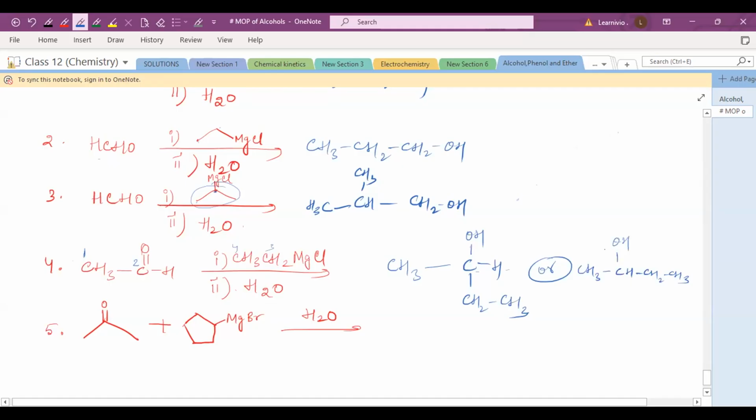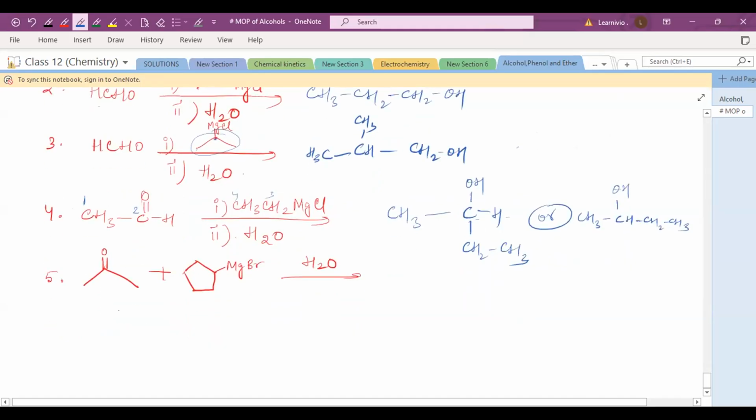Clear, Ahil? Yes, ma'am. Third one, this one. To this carbon position, the attachment will be from this carbon to this carbon, right? Yes, ma'am. So what will happen?